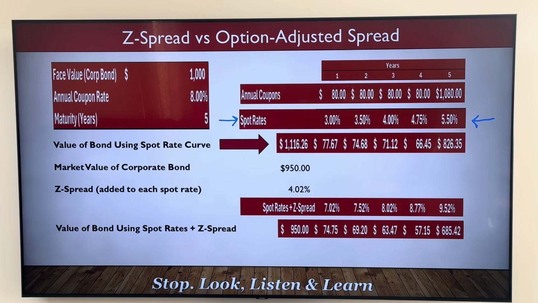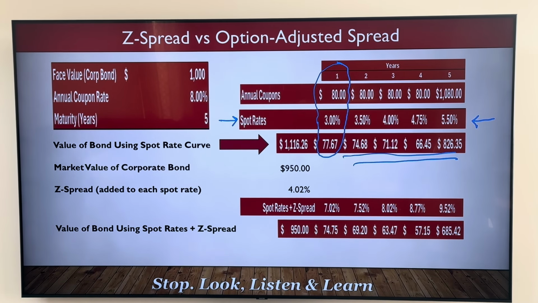So for example, in year 1, the bond will pay $80 in interest, and we would discount that at the rate of 3% because that's the 1 year spot rate. And when we discount that, we get a present value of $77.67. In a similar fashion, we'll discount the cash flows in years 2, 3, 4, and 5, and we see down here what the present value of those cash flows are.